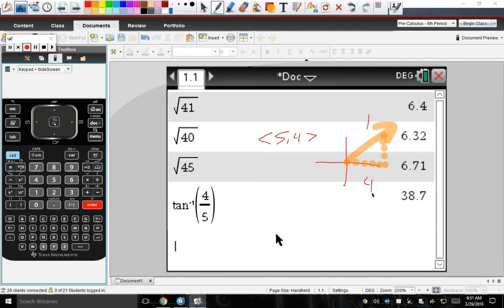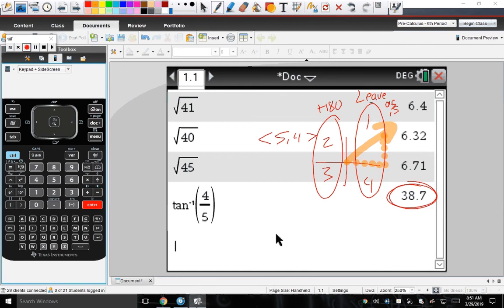And in quadrants 1 and 4, you're going to leave those as is. It's only in quadrants 2 and 3 that whatever you get here, you're going to add 180 to that.